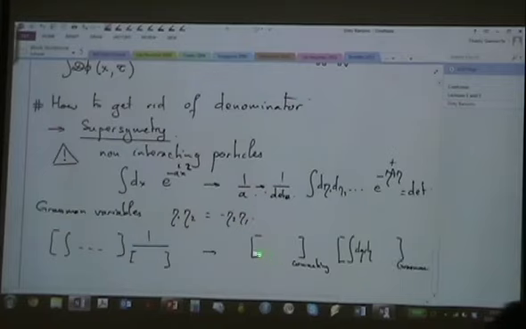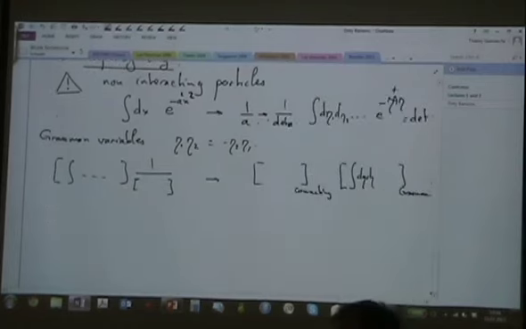Which means now you just have a product, and then you only get exponentials in the numerator, and you can complete the square, and you're happy. The price you have to pay is that now instead of one field, you get two fields, one anti-commuting, one commuting, and that's why it's called supersymmetry. It's because you have a mixture of bosons and fermions. Okay? It only works for non-interacting particles.